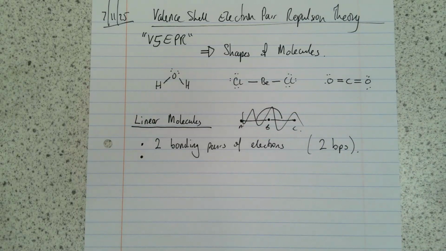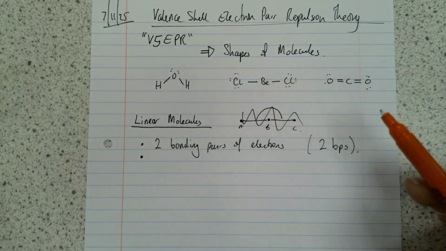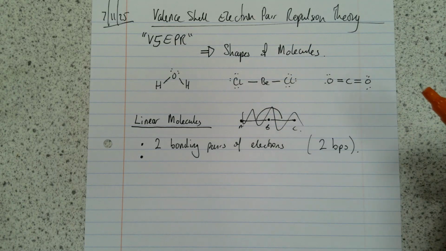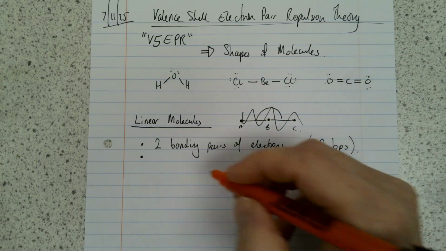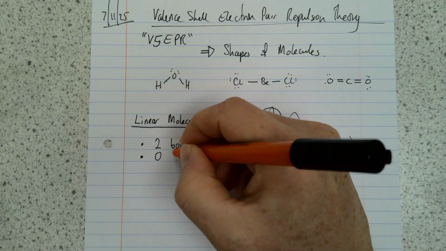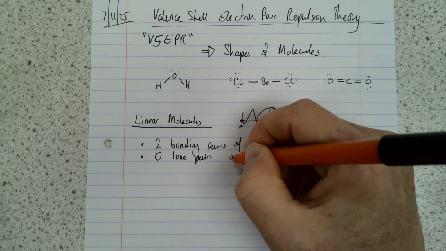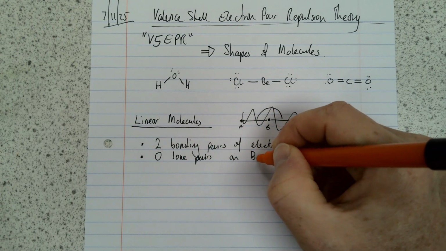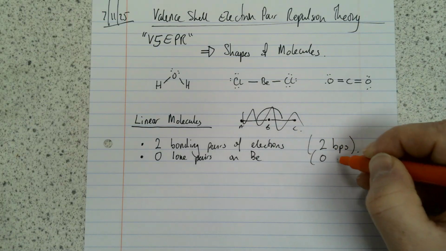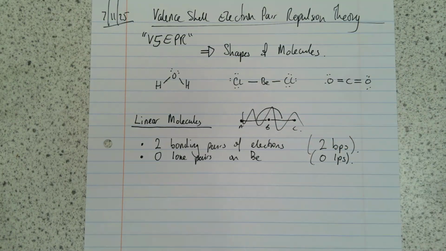And we also need to look to see if there are any lone pairs or non-bonding pairs on the beryllium as well. Our Lewis structure clearly shows that there aren't any, and we did this yesterday, we know how to do that. So 0 lone pairs on beryllium.